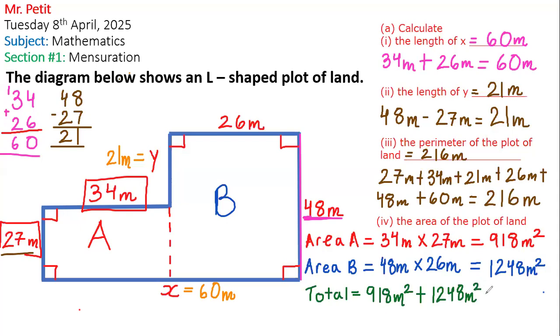And when we add them, what do we get? 918 plus 1,248 gives 2,166. So the total is 2,166 meters squared.